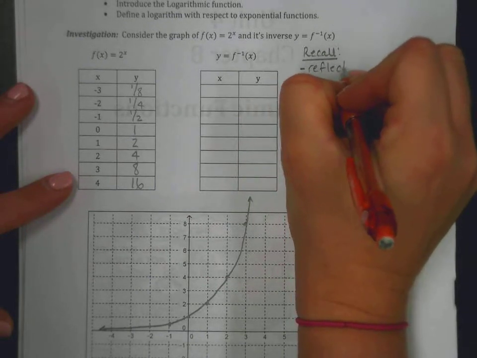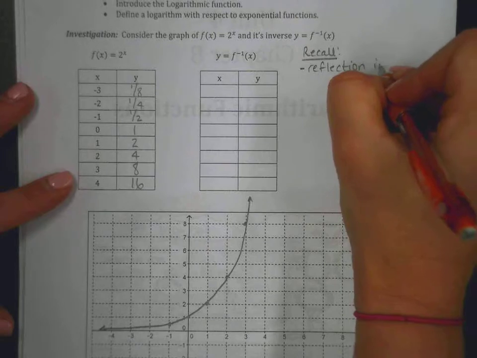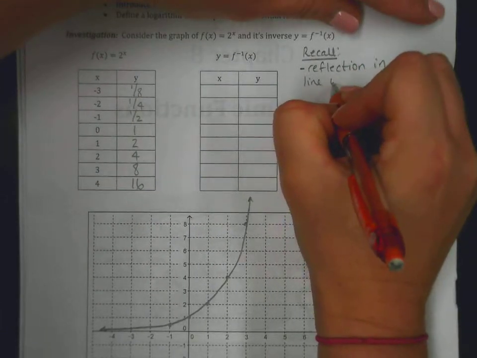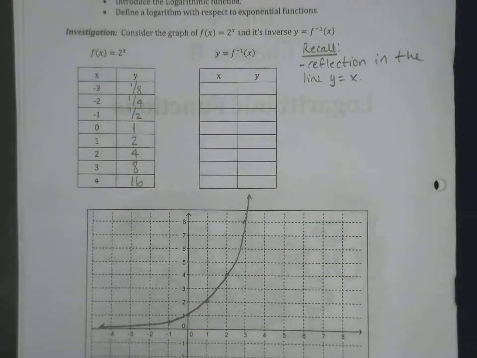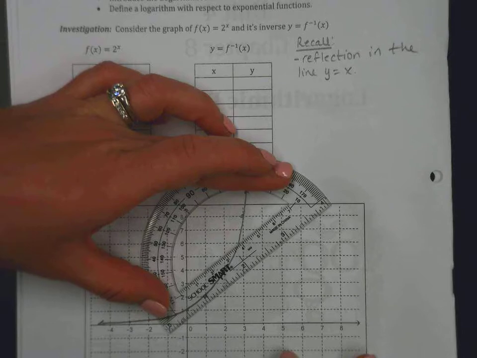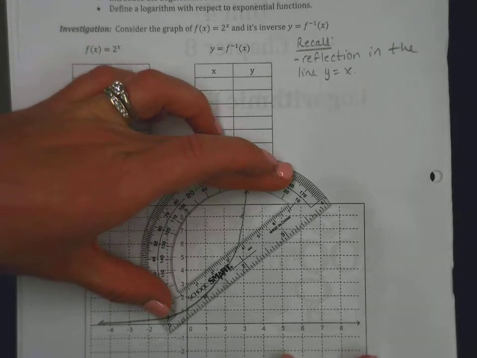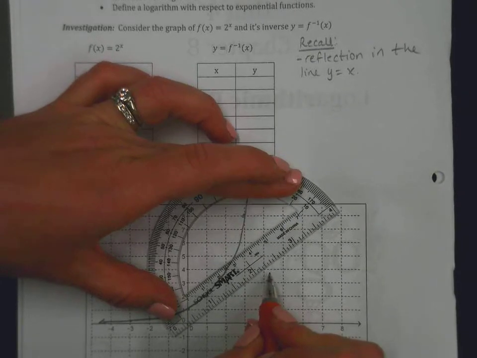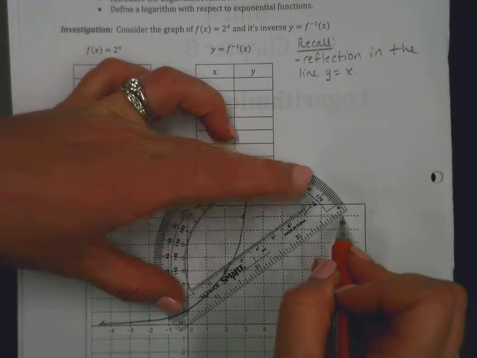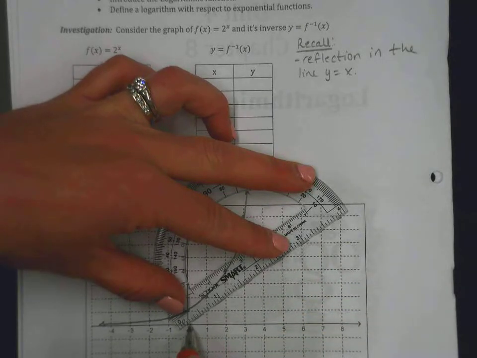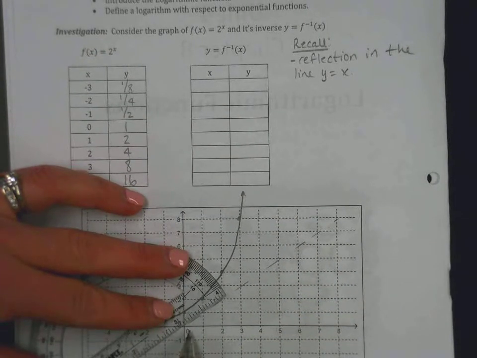So if I were to sketch the line y equals x here, just draw it as a dotted line. Okay, so we are going to reflect this into this line.